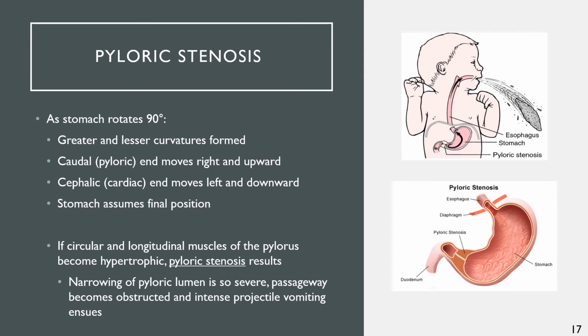All right, on to our next topic, pyloric stenosis. As I previously discussed, the stomach rotates 90 degrees clockwise, and a series of events take place that form the greater and lesser curvatures and the pyloric and cardiac regions.